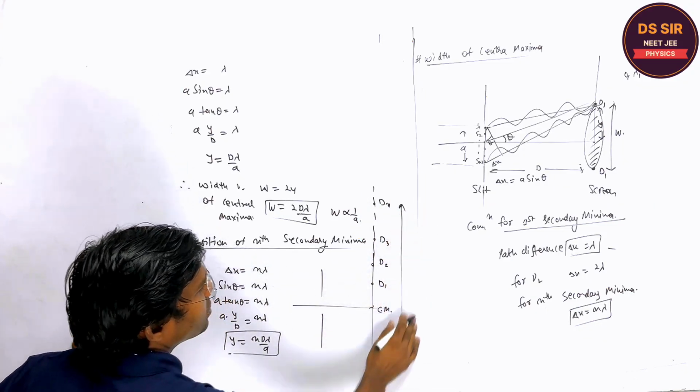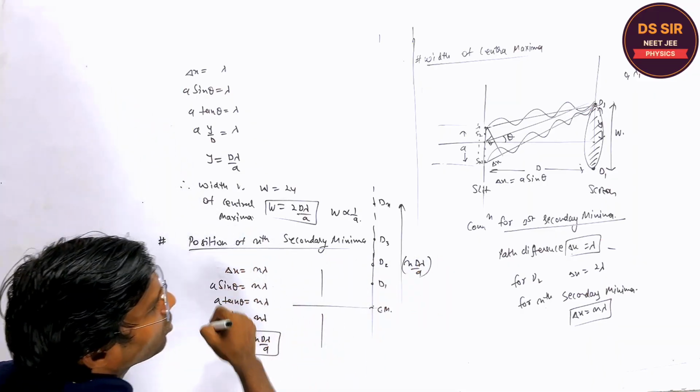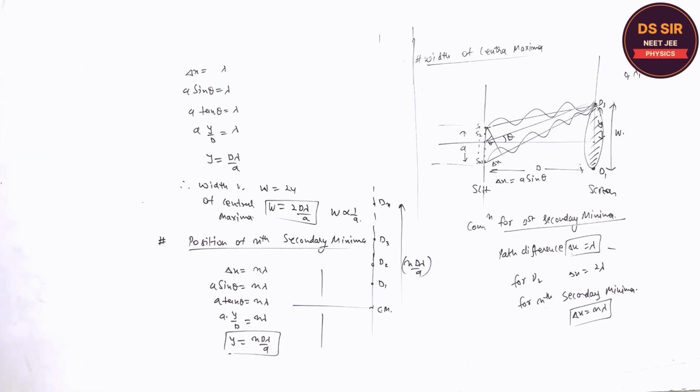So this distance is n D lambda over a. Is it clear or not, Sanjay? Copy this.